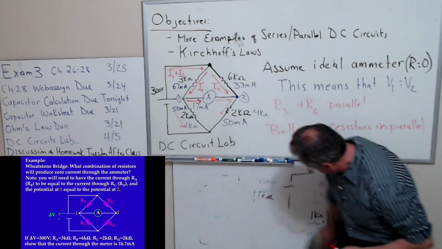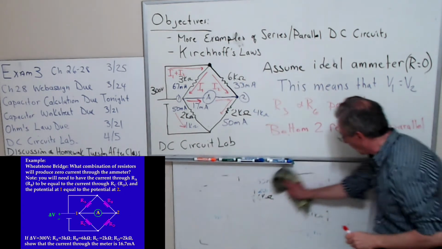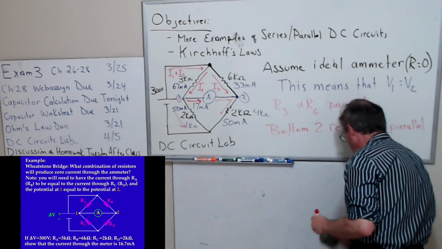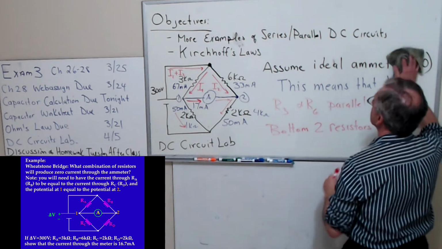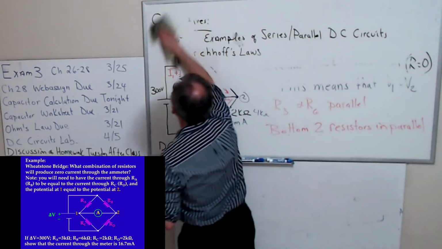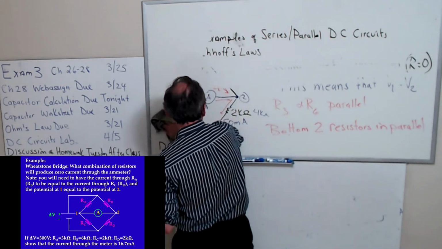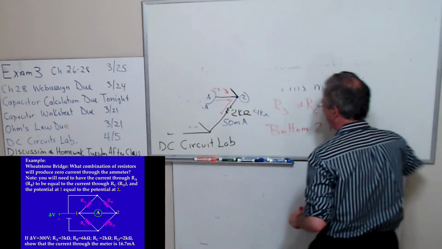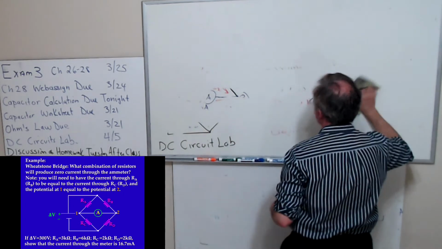All right. I'm going to come back to the next example later because I want to get to Kirchhoff's laws. The last example might take me a little while. I'll do the next example in your notes.